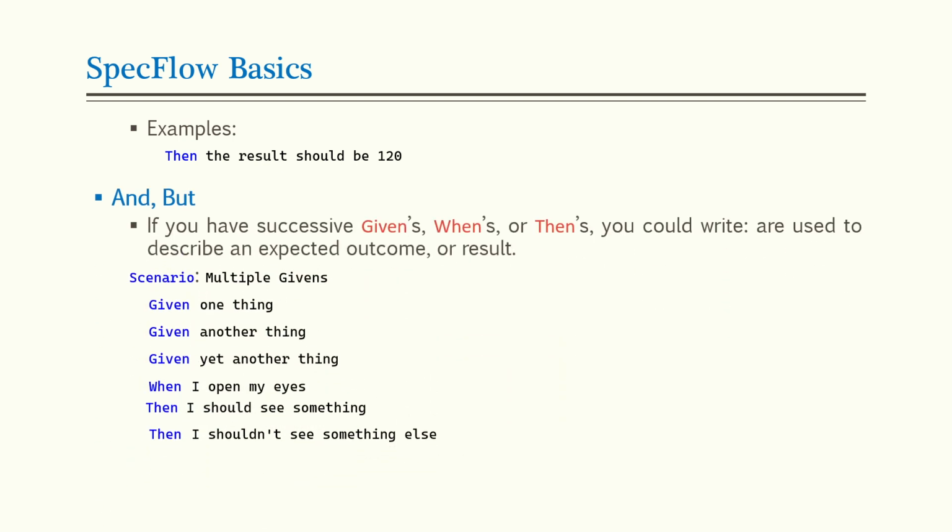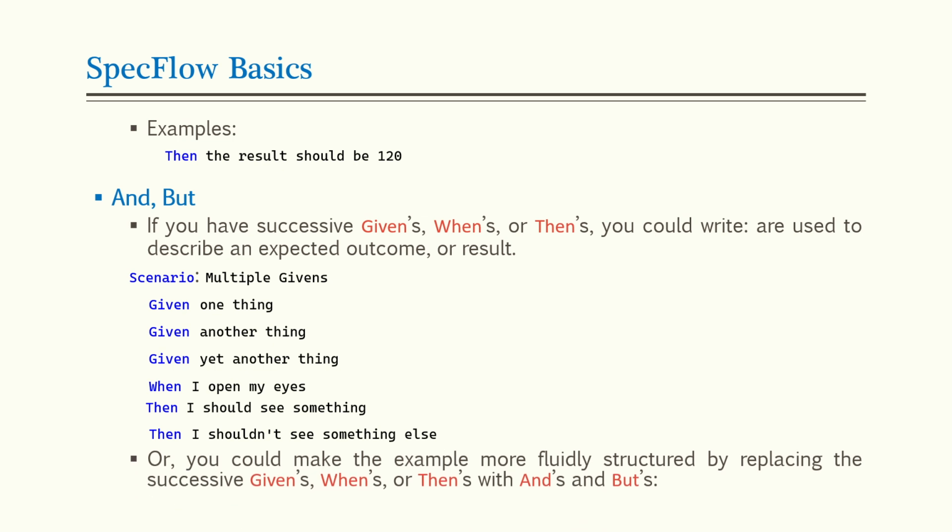And but. If you have successive given, when, then, you could use and or but to describe the expected outcome or result. So multiple givens: given one thing, given another thing, given another thing. When I open my eyes, then I should see something, then I should see something else.